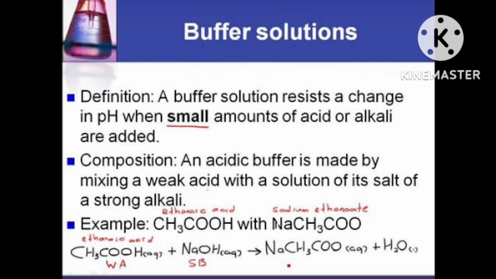Then knowing the hydrogen ion concentration, you can easily know the pH. pH is equal to negative logarithm of hydrogen ion concentration, and the calculated hydrogen ion concentration is 7.51 into 10 to the power minus 12. After solving, you will get the pH value equal to 11.12.